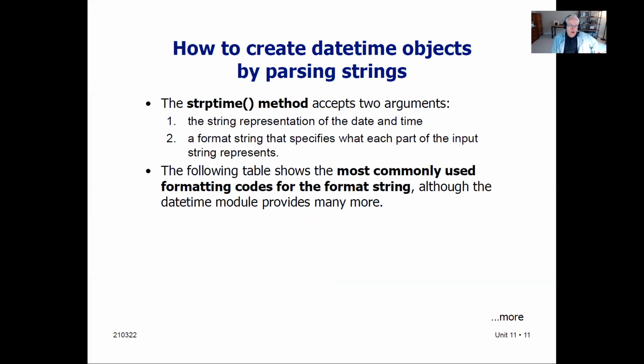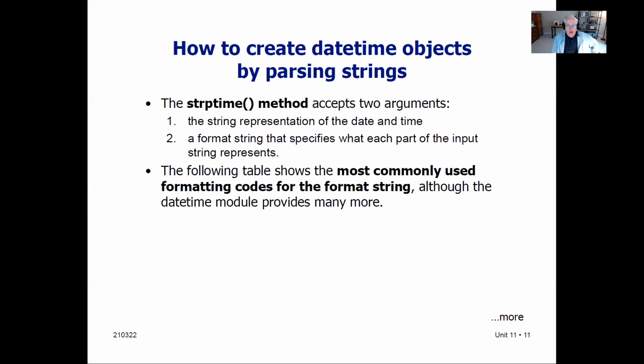Now, there are two arguments that we supply the strptime method, so string parse time method. The first one is the string that we want to parse. And the second argument is going to be the format for the time.